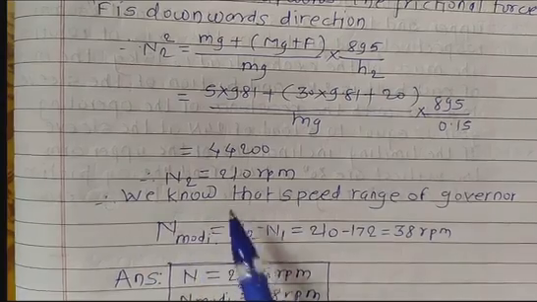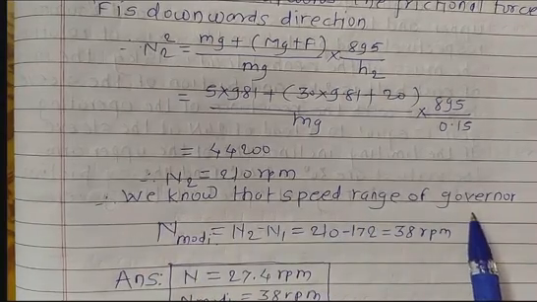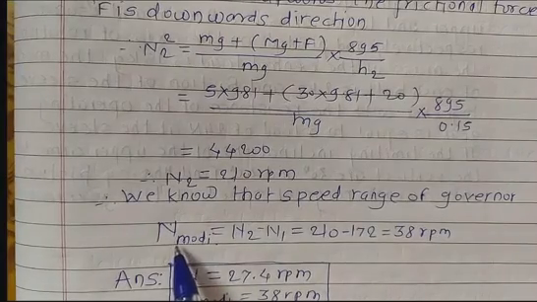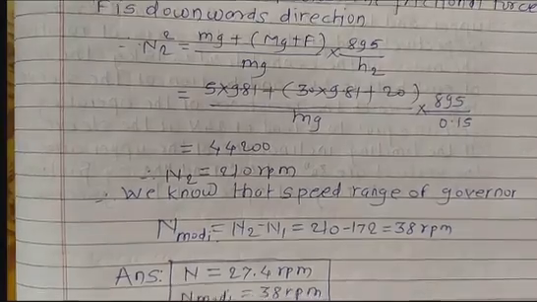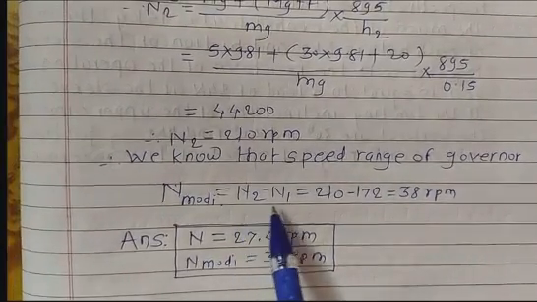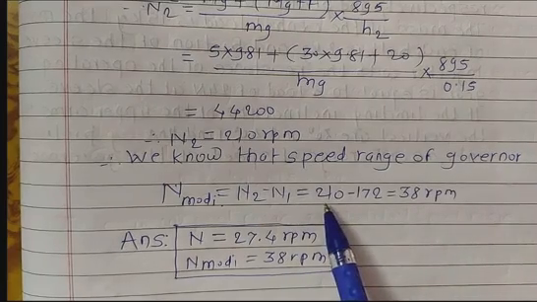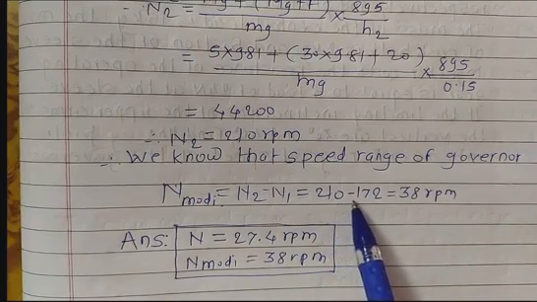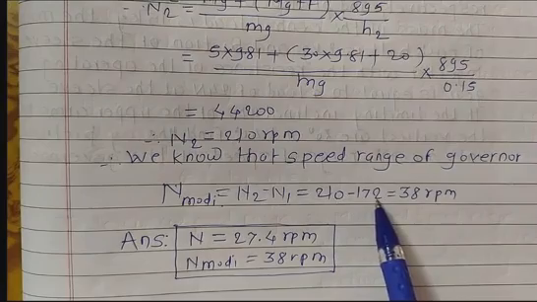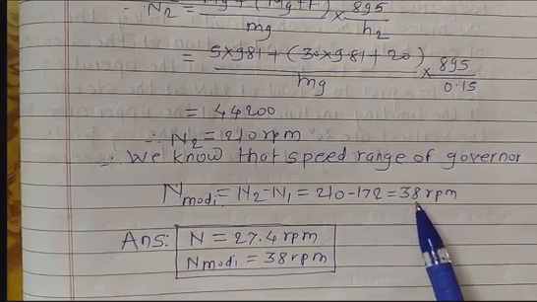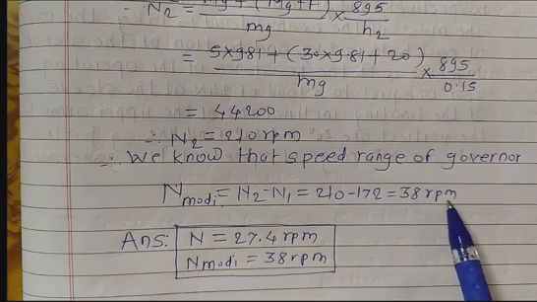So we know the speed range of the governor, that is the modified speed range, by considering the friction. You can get n2 minus n1 equals 210 minus 172, and we found 38 rpm.